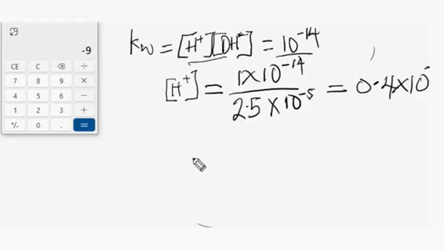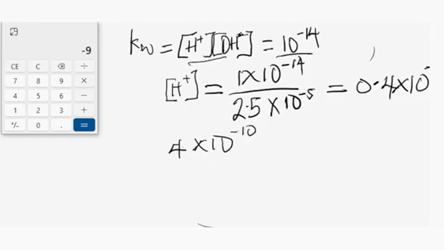So 0.4 times 10 to the power of negative 9 is the same as 4 times 10 to the power of negative 10. So we've gotten the hydrogen ion concentration.